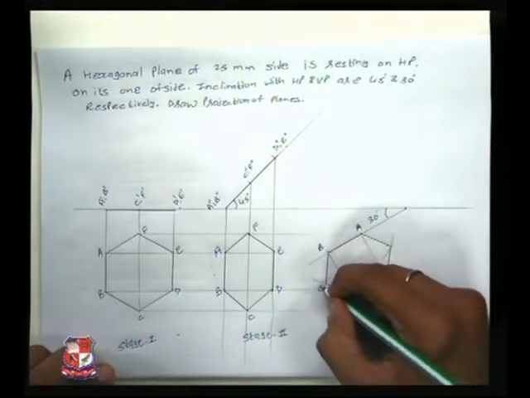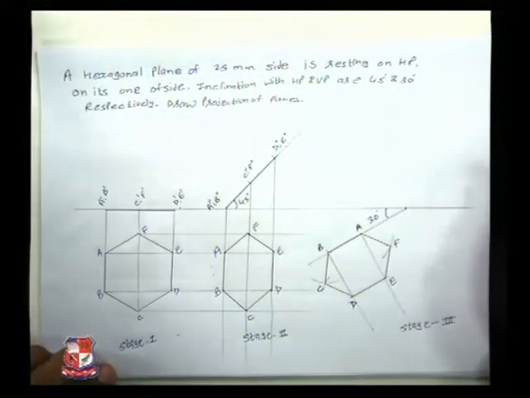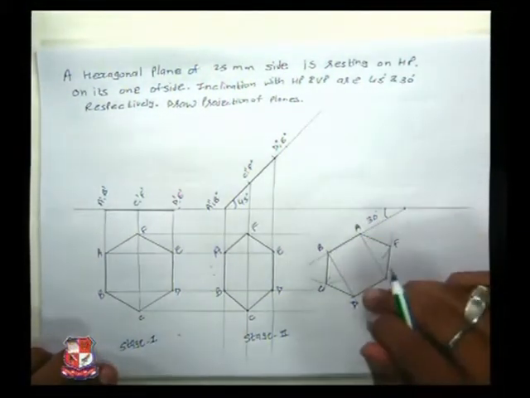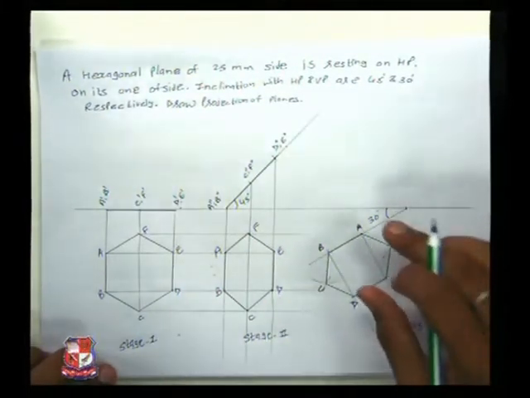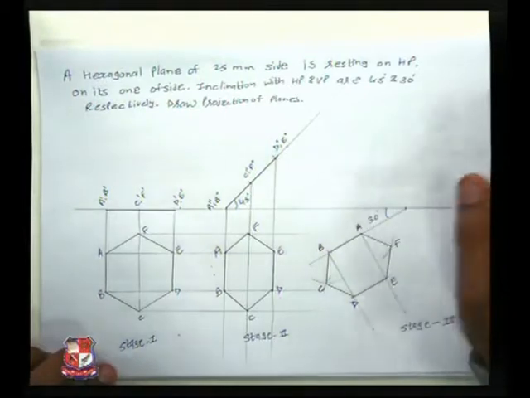This portion is point number C and this is point number F. I have taken the replica of this stage 2 over here. I have just rotated it 30 degrees.